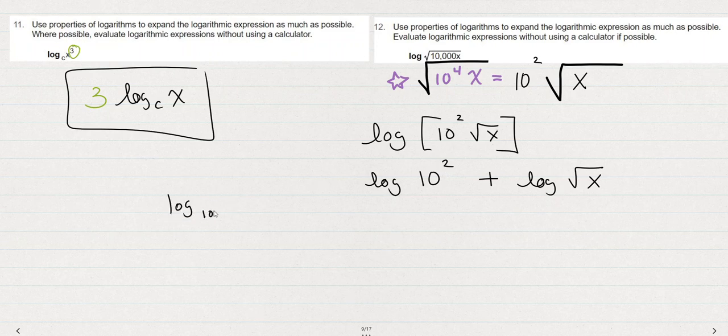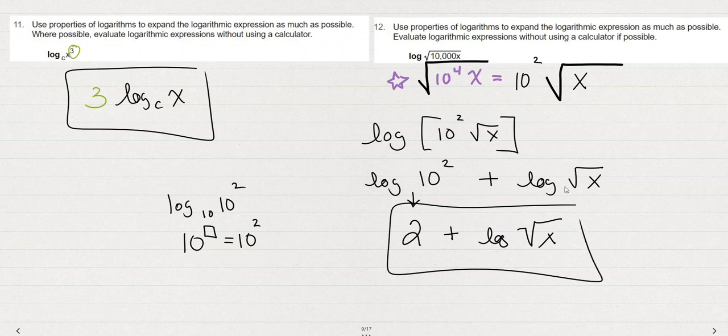Log base 10 of 10 squared means find the exponent. 10 to what exponent equals 10 squared? So that exponent is a 2. So this log base 10 of 10 squared is just 2. So our final simplified answer is going to be 2 plus common log of x, or in other words, log base 10 of x.